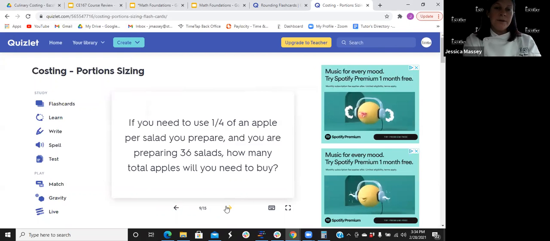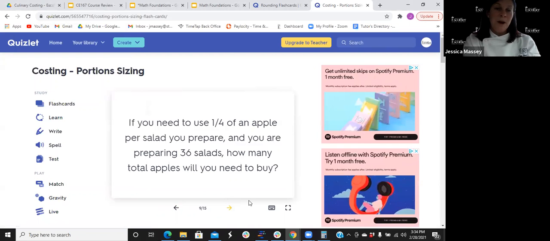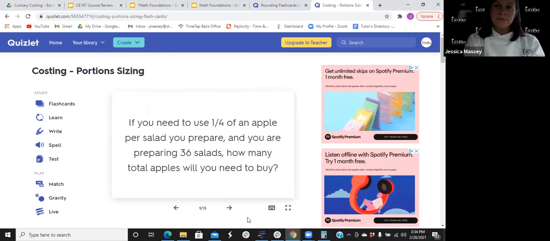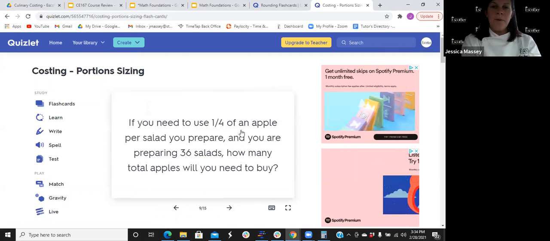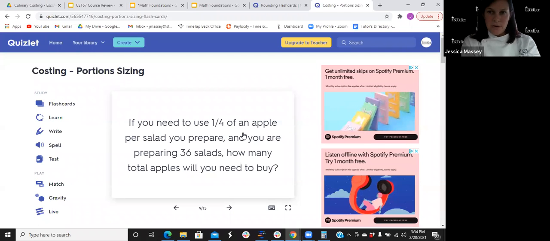So if you need to use 1/4 of an apple per salad you prepare, and you are preparing 36 salads, how many apples will you need to buy? So when you see 1/4 of an apple, you want to take that fraction and make it a decimal as your first step. If you are struggling with that, that's okay.